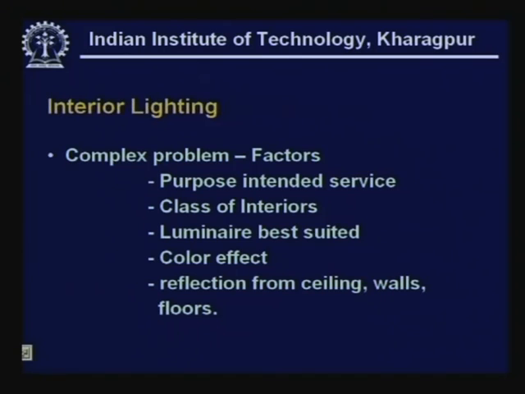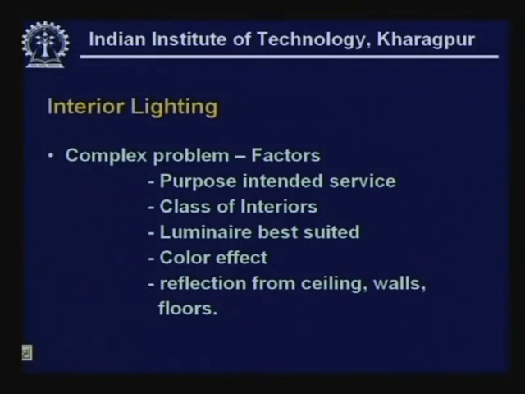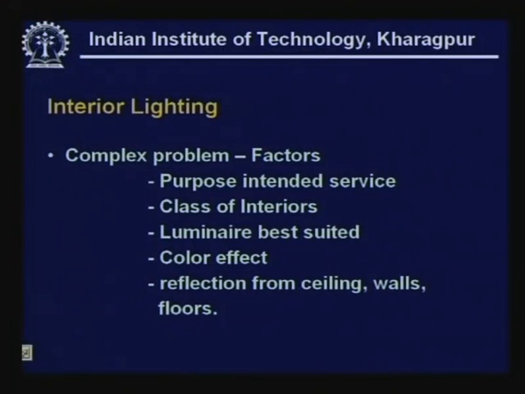The lighting indoors is a real complex problem. It has varying factors depending on the purpose of service. For instance, inside a temple where the meditation is being done, the requirement of lighting levels could be different compared to a factory shop floor where precision components are being soldered onto a PCB.